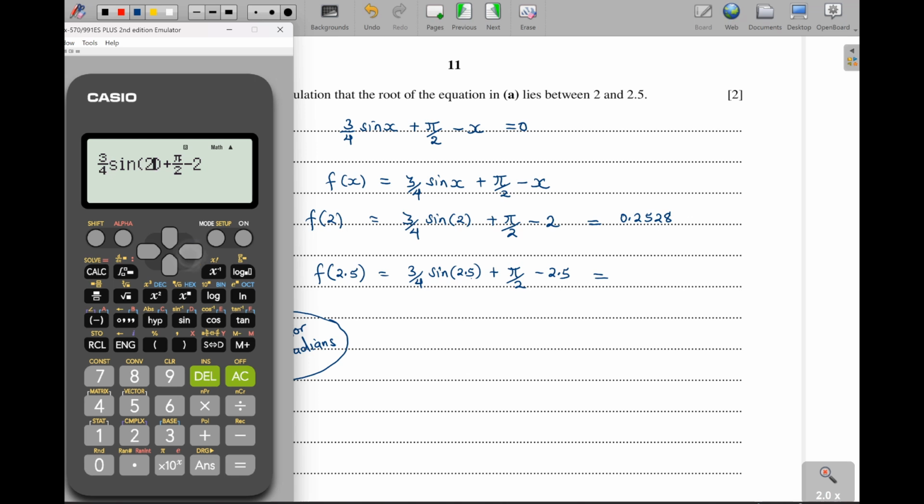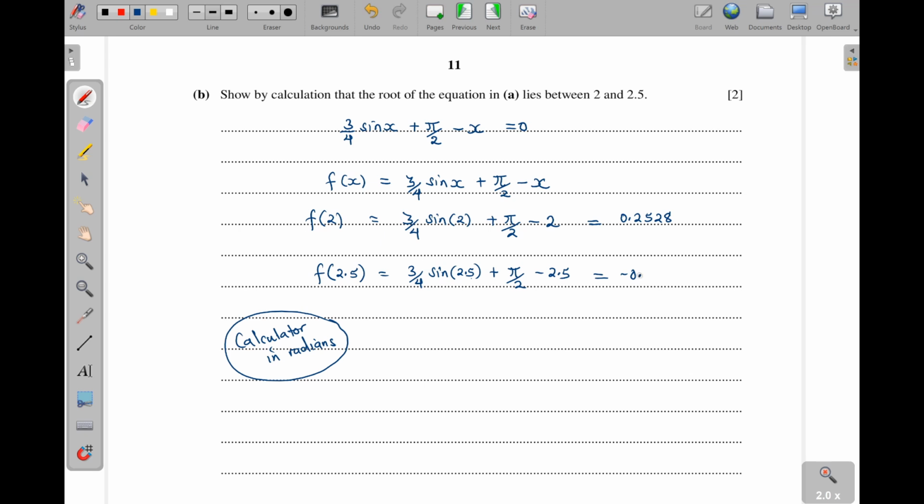Okay, then how about 2.5? I'll just come here, wherever there is a 2, I put 2.5, and also this other one I put 2.5. Then we have a negative, so that is negative 0.4803. So you can see that this is positive, this is negative.